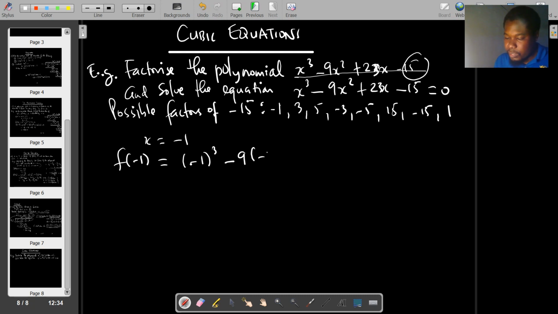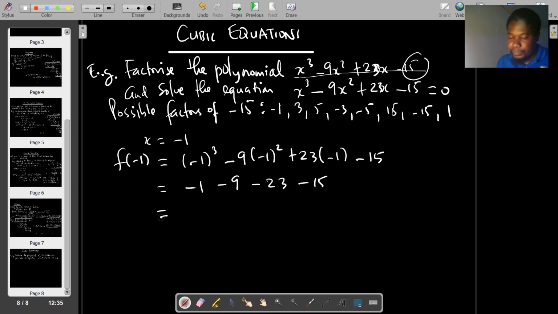On 9 we put negative 1 squared plus 23. Wow, okay, 23 times negative 1 minus 15. Okay, negative 1 will give us negative 1 there. Negative 1 squared is positive 1, minus 9 there, minus 23, minus 15.